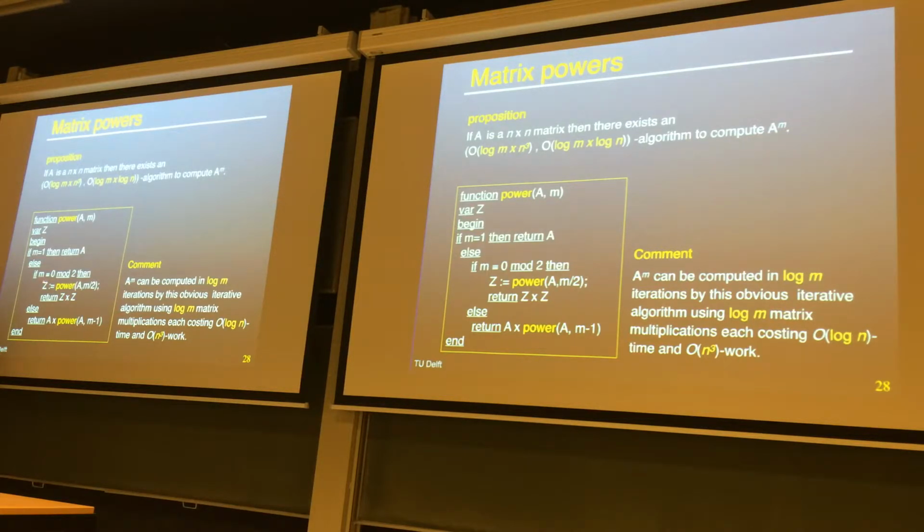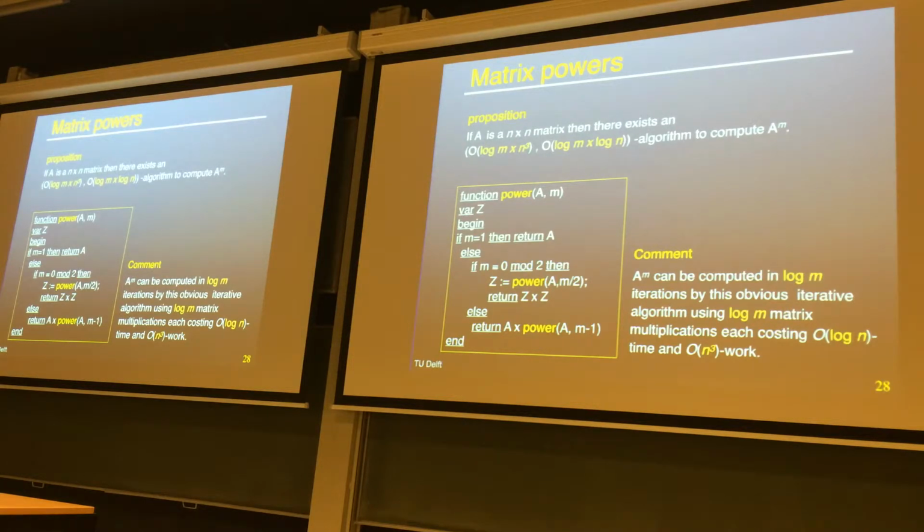But if it is a matrix, as in our case, then we have to take care of the cost of such a multiplication step. Matrix multiplication will cost you in time log n, and in work a cubic amount of work. So the total figures here are, for the amount of work, log n times n to the power 3, and log n times log n for the amount of time.